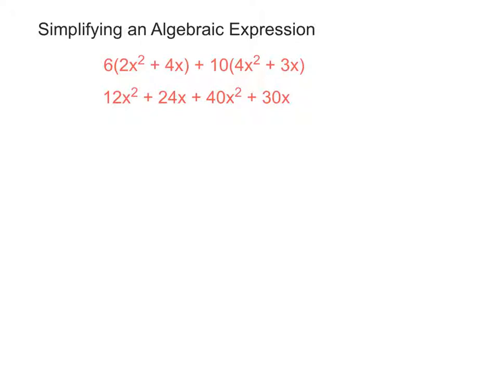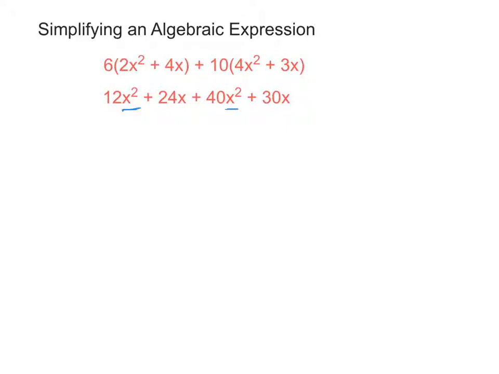Now, we look for what are referred to as like terms. Okay, like terms are terms which have the same variable in the same degree. For example, if you look closely here, you notice we have an x squared term right here. Well, we also have an x squared term over here.